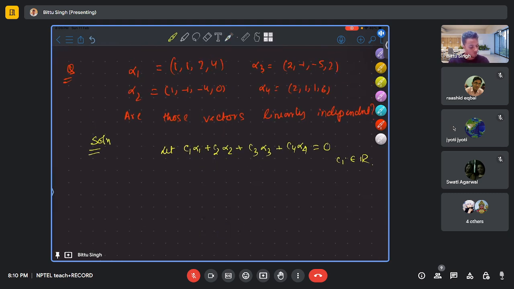So if we assume this to be 0, here 0 means it is a tuple, that is (0, 0, 0, 0).